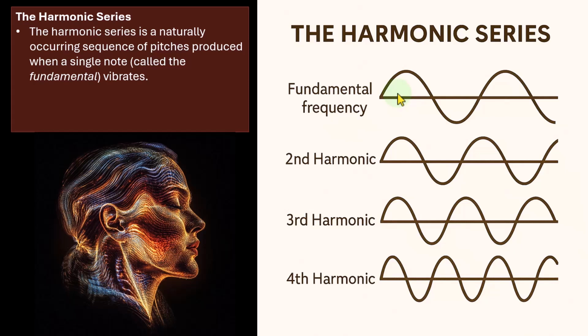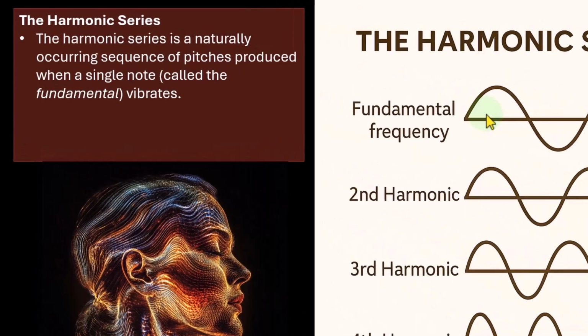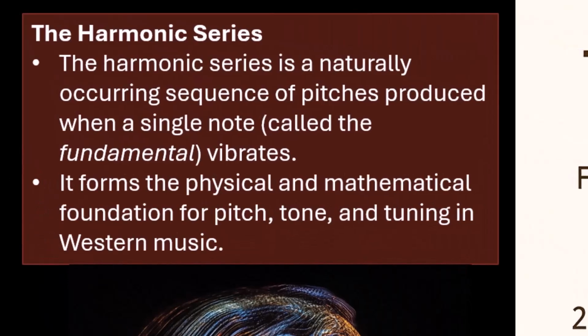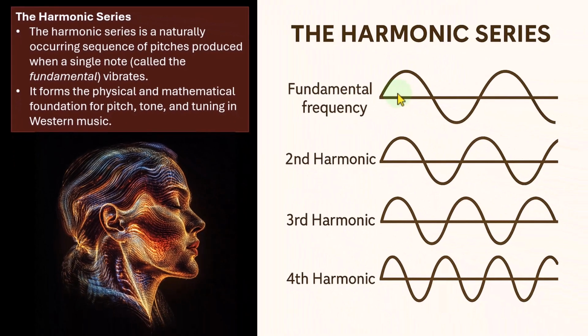So when we recreate the noise electrically, it used to be that they weren't really good at taking all the harmonics, all the littler waves, because it gets somewhat complex and they differ on different instruments, although there's some symmetry or some consistency to it, as we will see. And that's why things used to sound more digital, and that's why AI has gotten a lot better at predicting these types of harmonics based on different instruments. All right, so it forms the physical and mathematical fundamental for pitch, tone, and tuning in Western music.